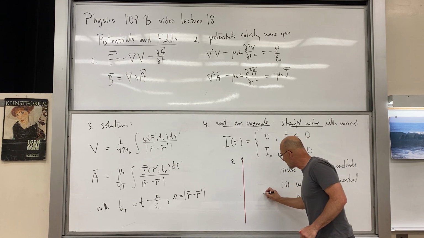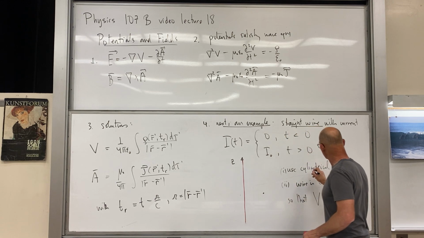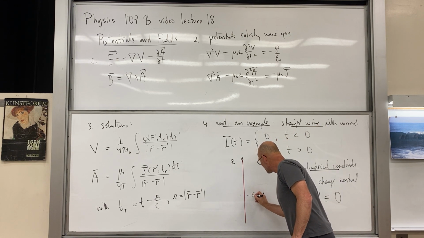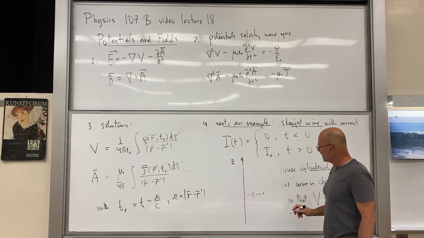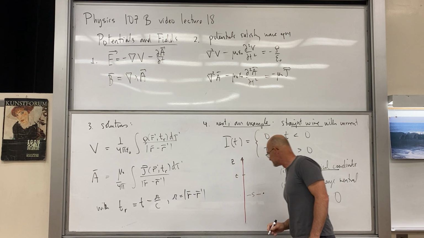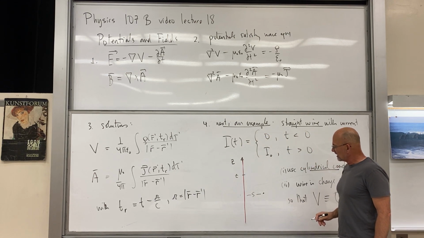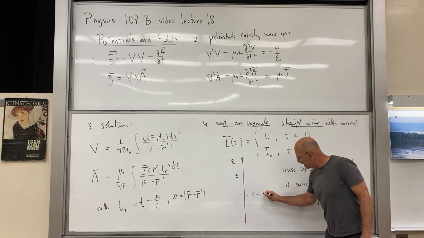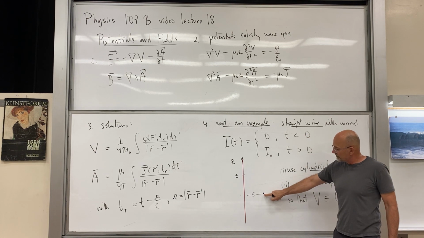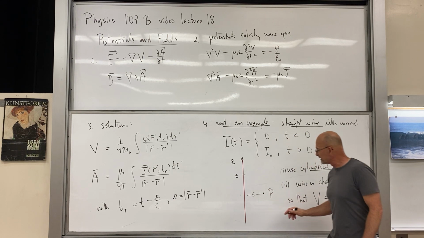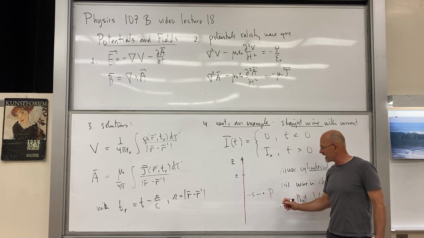So I can also draw on this point. Now we're using cylindrical coordinates. So this is a distance s away from the wire. And if I call this point P, and the current starts at t equals 0, then the effect is only felt at point P after a finite time, right?